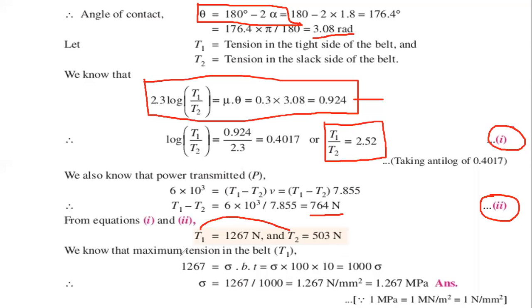Then we have to find the maximum tension in the belt. Maximum tension in the belt T1 is equal to sigma into B into T. We got the T1 value as 1267, so we directly substitute this value. Sigma we have to find, and breadth and thickness are given: breadth 100 mm, thickness 10 mm.